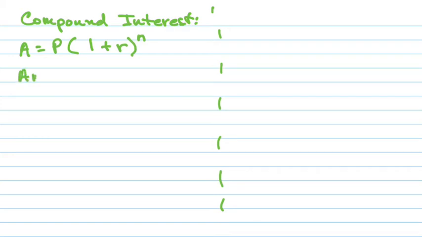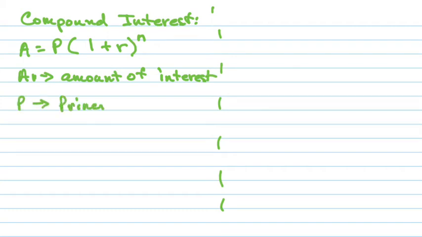And I'll do the definitions. Again, A is simply the amount of interest. That didn't change. P is the principal, either the amount you borrowed or the amount you invested. R is still the rate.